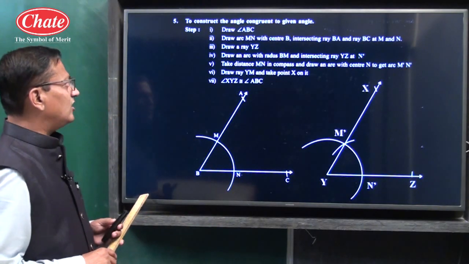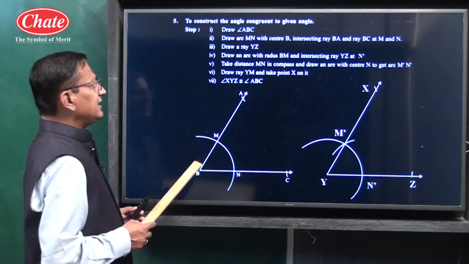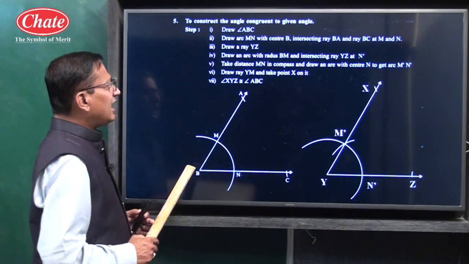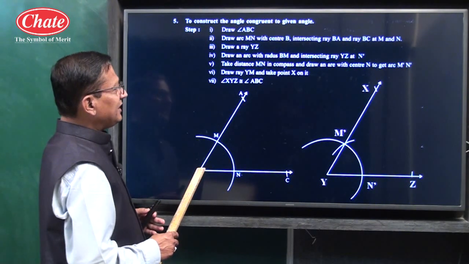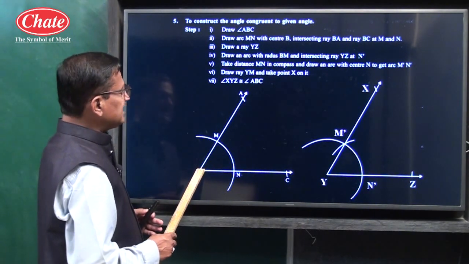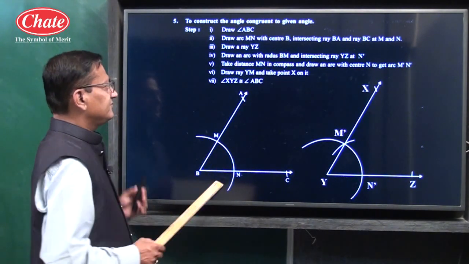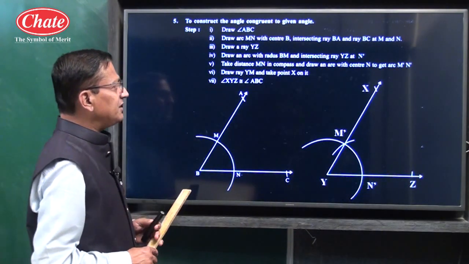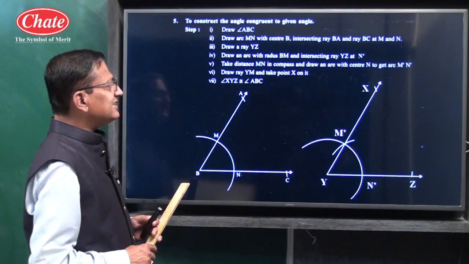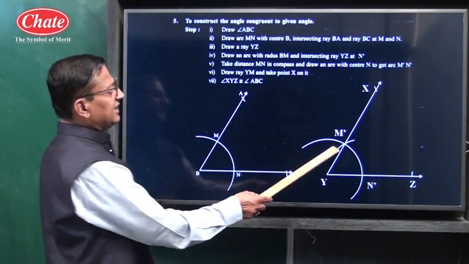See once again all the steps. Draw angle ABC, draw arc MN with center B, intersecting ray BA and ray BC at M and N. Draw ray YZ, draw an arc with radius BM intersecting ray YZ at M dash.